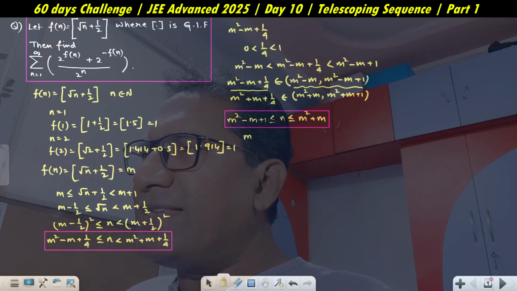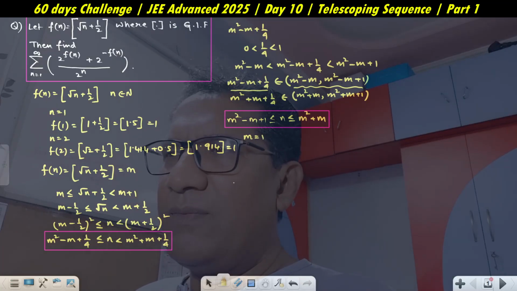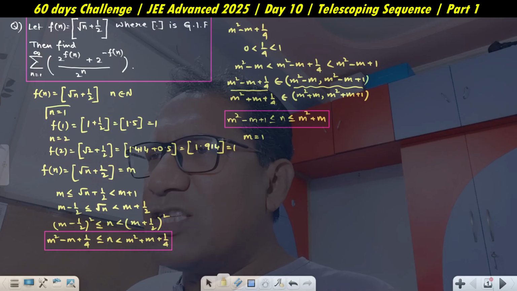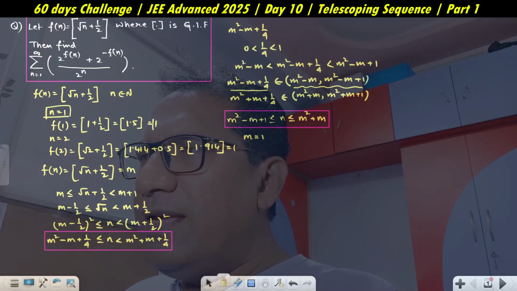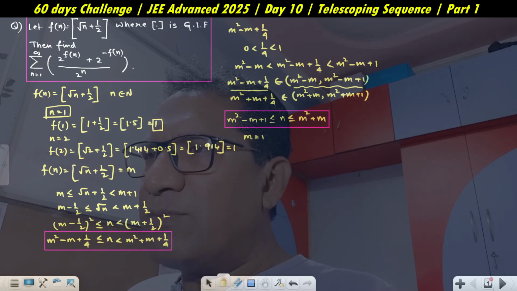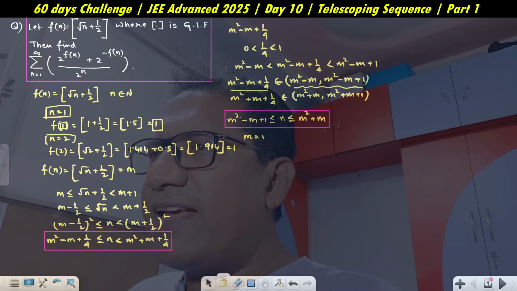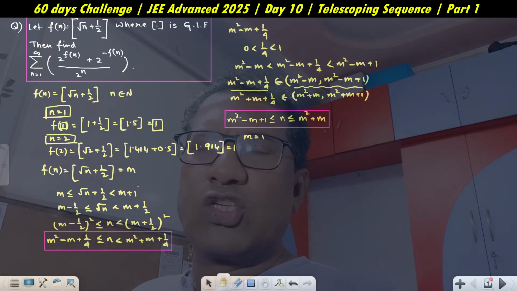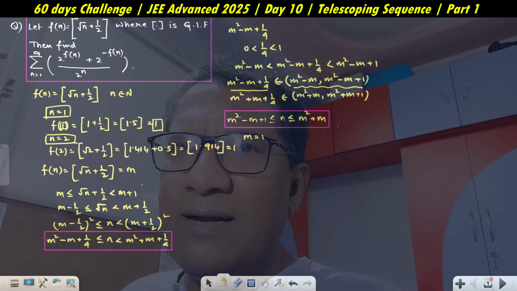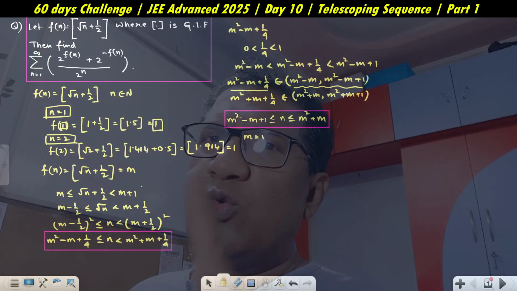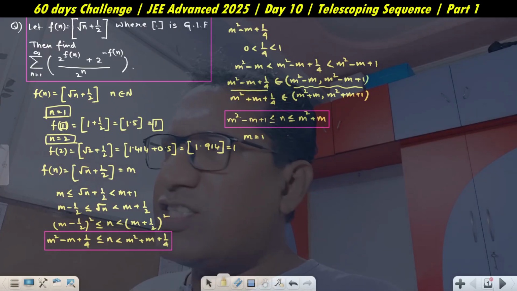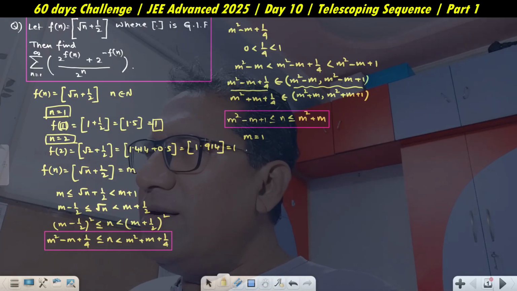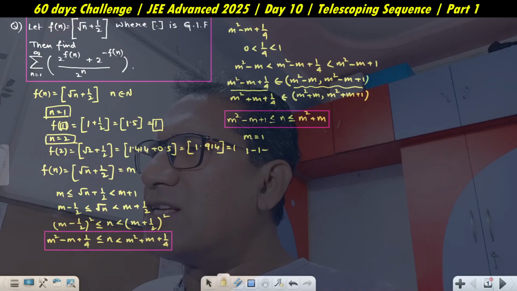If I take m as 1, as we got here, n is taking the value either 1 or 2. So for m equal to 1, n can take two values, 1 and 2. And that is exactly what you are getting from here also. Please check it. If n is 1, on the left hand side you are getting 1 minus 1 plus 1.